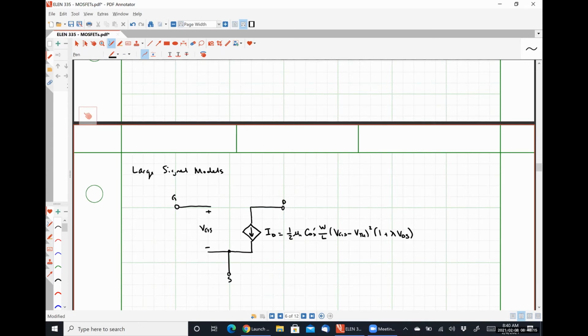Now, it might not seem super obvious to you why that is, but it's because between the gate and the channel, there is that capacitance formed. And so this is our large signal or DC model. So it seems reasonable that we would treat that relationship as the DC equivalent of the capacitance that it's representing.